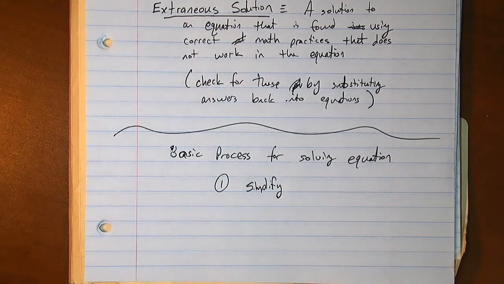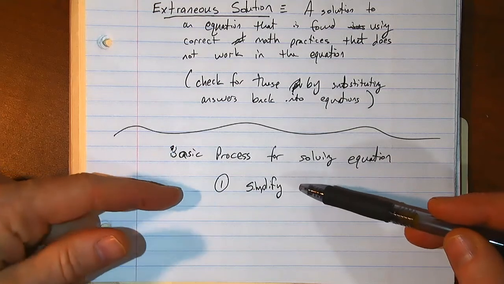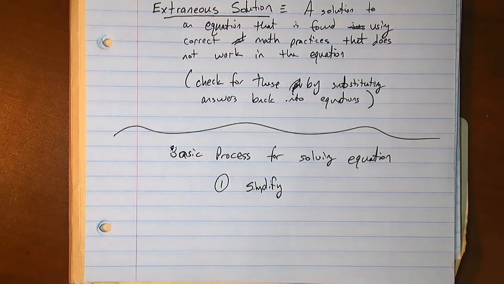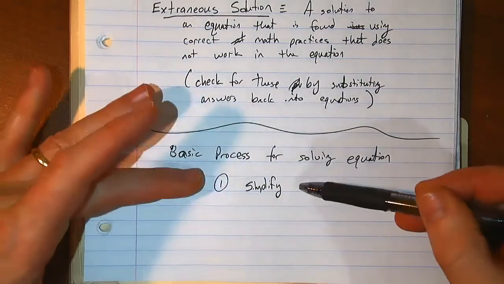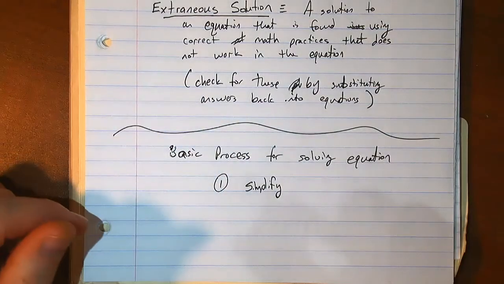When we studied linear equations, we said we're going to simplify both sides of the equation first. When we studied radical equations, we said the same thing. When we did quadratics, this was a little different. We wanted it not only simplified, but we also wanted it equal to 0. But we have this initial step where we're manipulating things to make it look the way we want it to look.